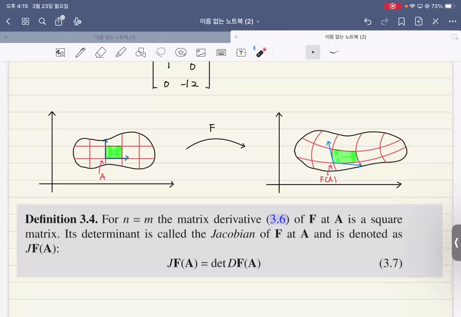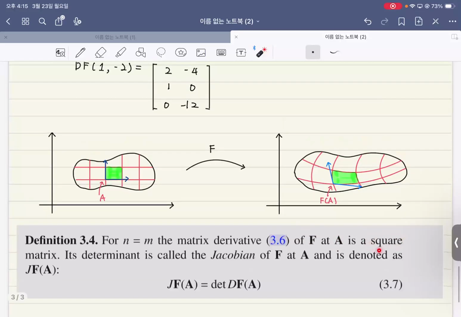So what is this number? This is easy. If n equals m, then the matrix derivative of f at this point should be a square matrix, right? Since the dimensions of domain and codomain coincide, your matrix derivative must be a square matrix.